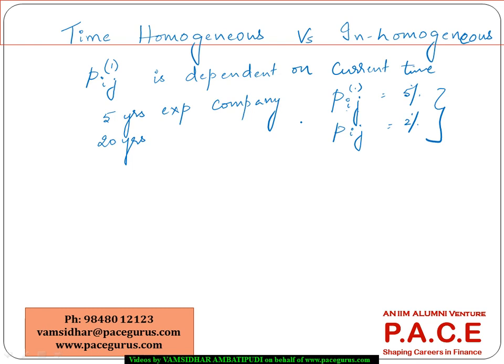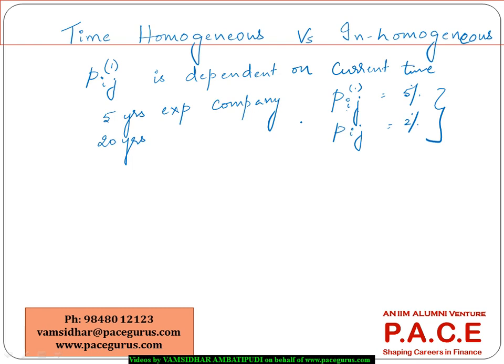Means the probability of going from AAA rating to default changes. Though it's a 1 year probability, we are saying it changes from year 3 to year 4 versus year 10 to year 11.